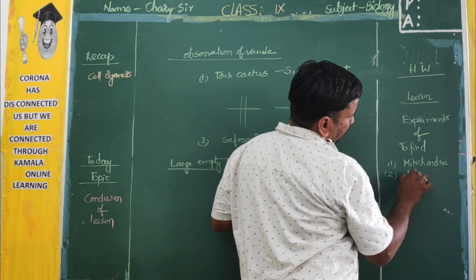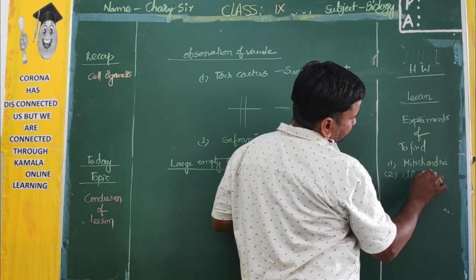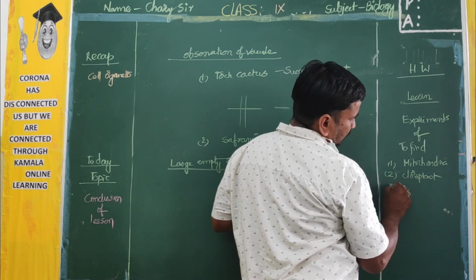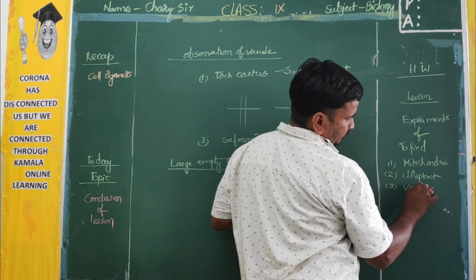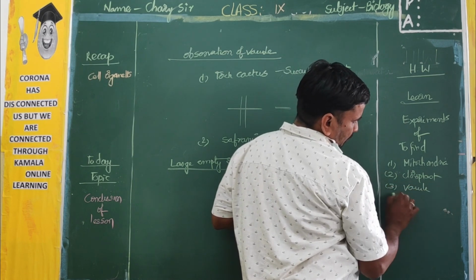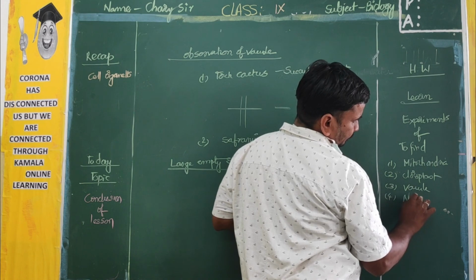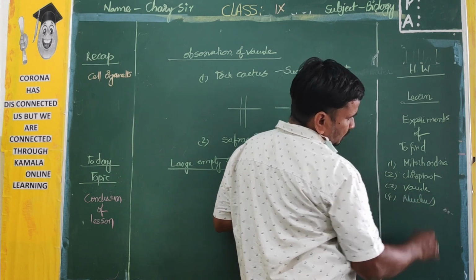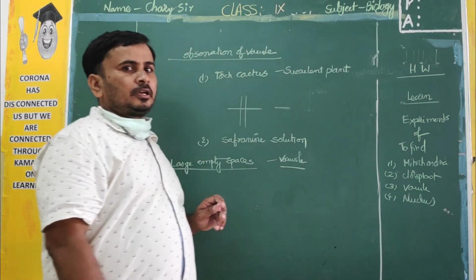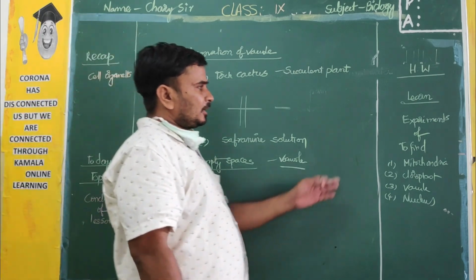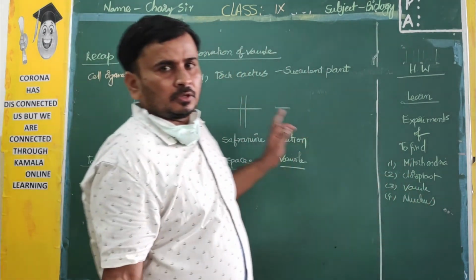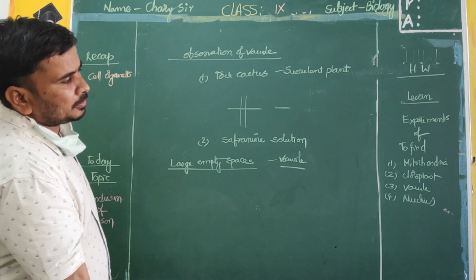Second one is chloroplast. Third one is vacuole. And fourth one is nucleus. So these are all the things you have to learn. These experiments were already explained here, so you have to learn those. This is the experiment for you.